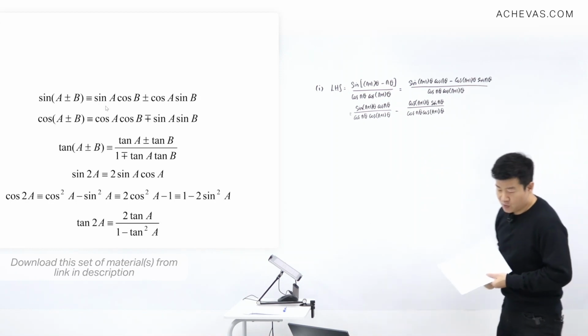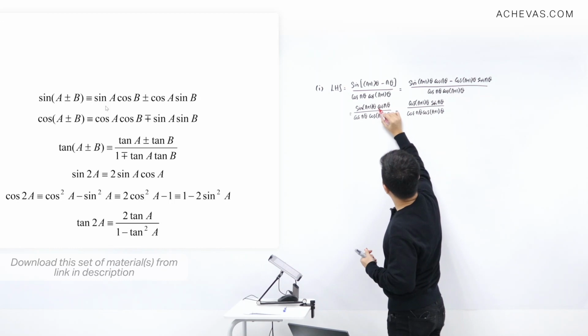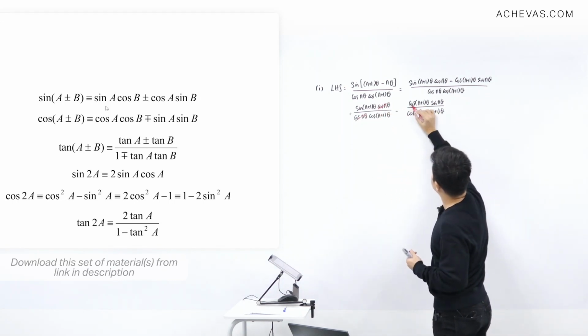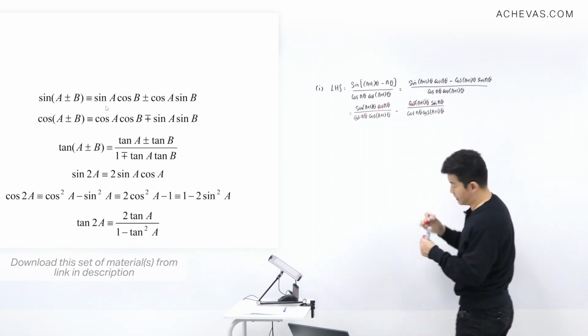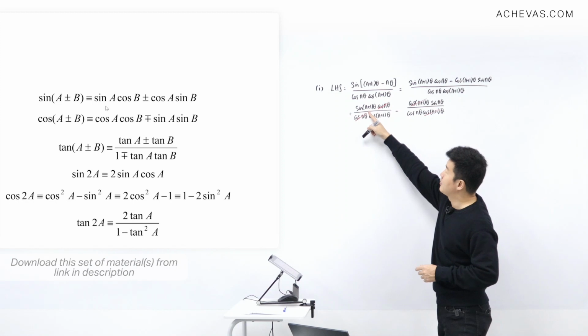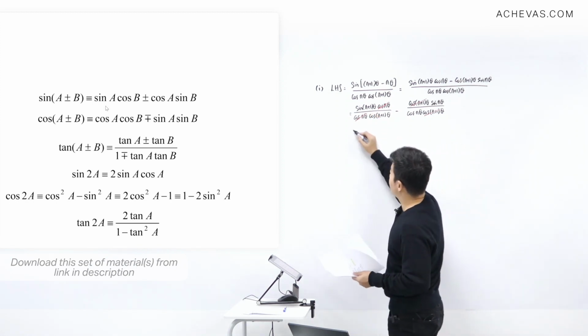So if I look at what we have so far, we can see that cosine n theta can be cancelled over here, and cosine (n plus 1)theta and cosine (n plus 1)theta can be cancelled over here, which will leave us with sine (n plus 1)theta over cosine (n plus 1)theta, and that will give us a tangent.